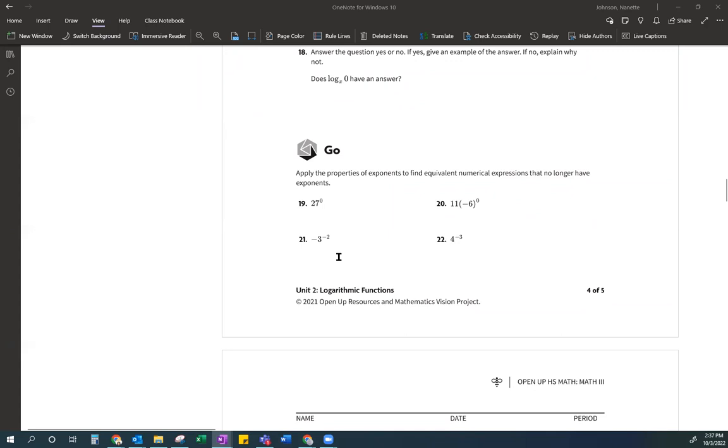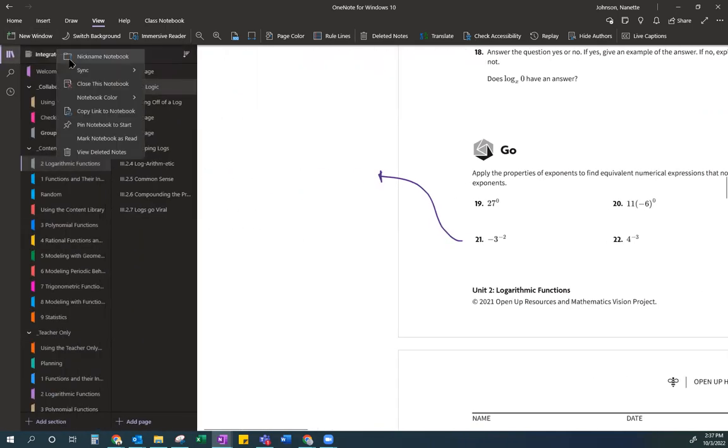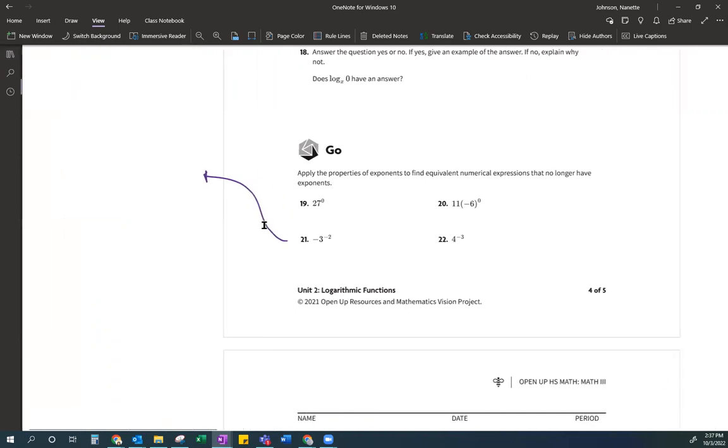What do you mean, Miss Johnson? So I'm going to have you look at -3 to the -2nd versus -3 to the -2nd. Here, I want you to compare with and without parentheses.